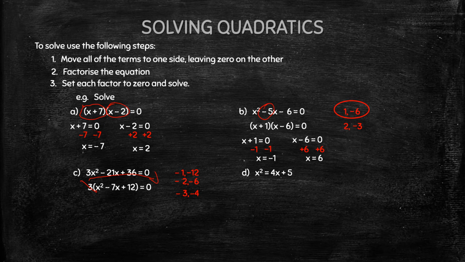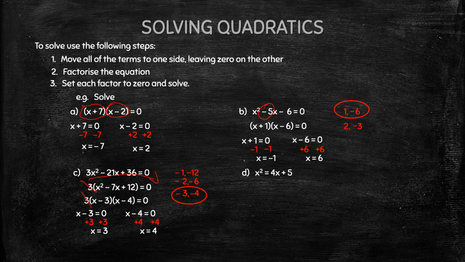So those 2 must be negative 3 and negative 4. So if we factorise, the 3 will disappear because it's dividing through the other side with the 0. And we get x minus 3 equals 0 and x minus 4 is 0. So x is 3 and x equals 4.